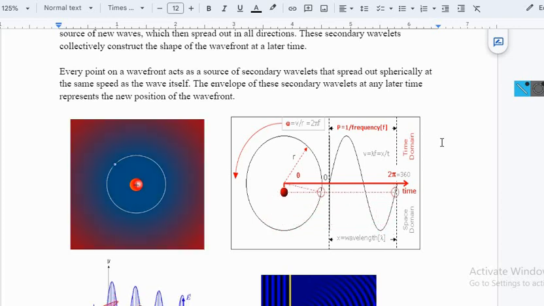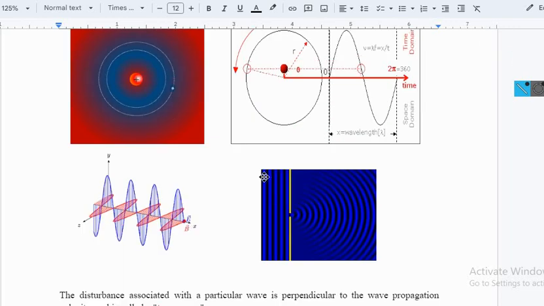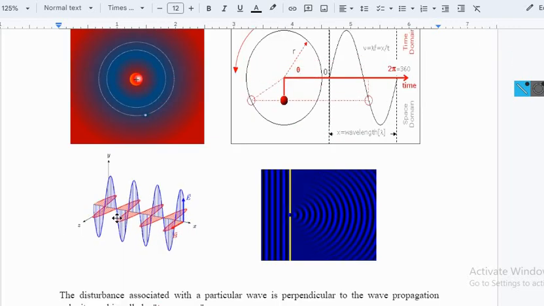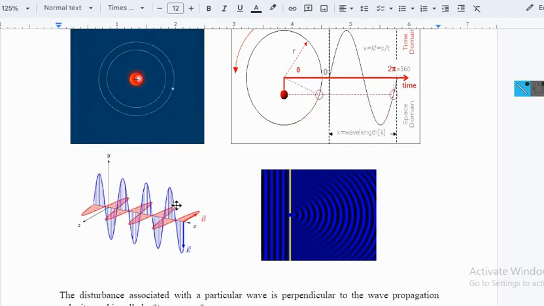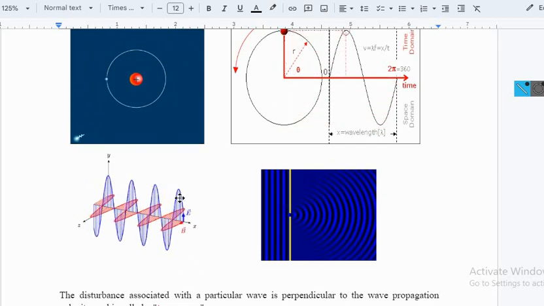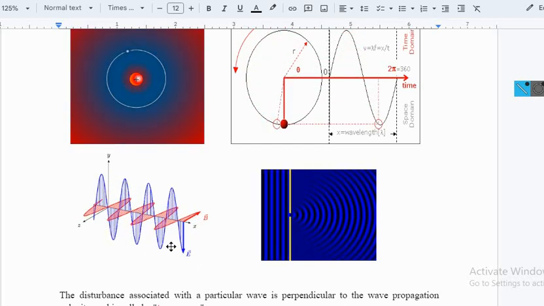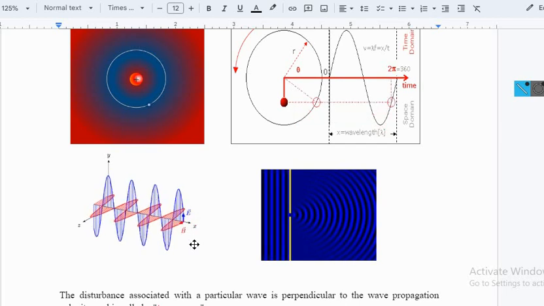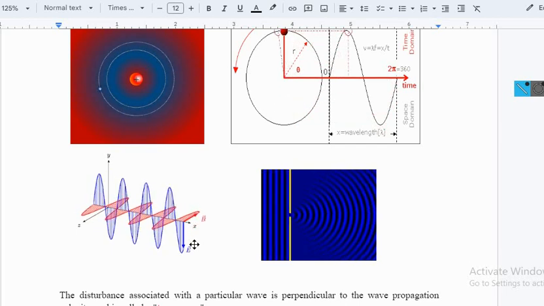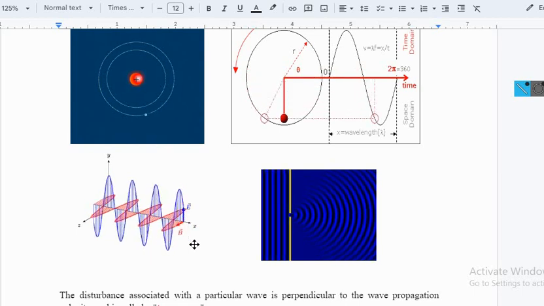So in one direction there will be a time-dependent electric field, and in the perpendicular direction there will be a magnetic field. In this picture, the electric field is fluctuating in blue color, and in the perpendicular direction there is the magnetic field. Both are vector components, so the resultant energy will move perpendicular to both.